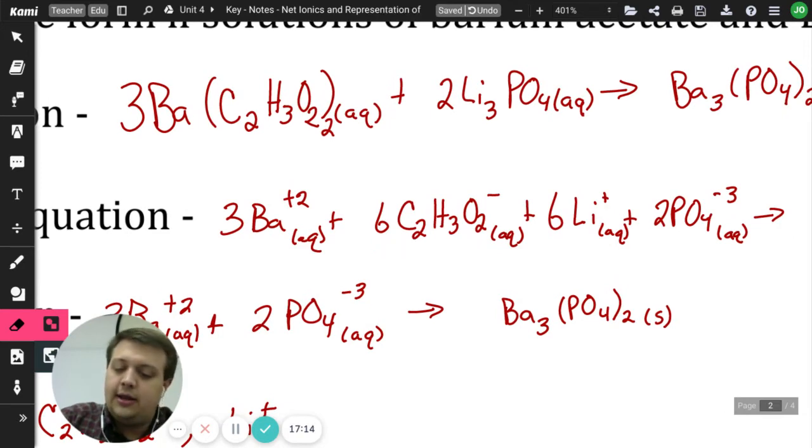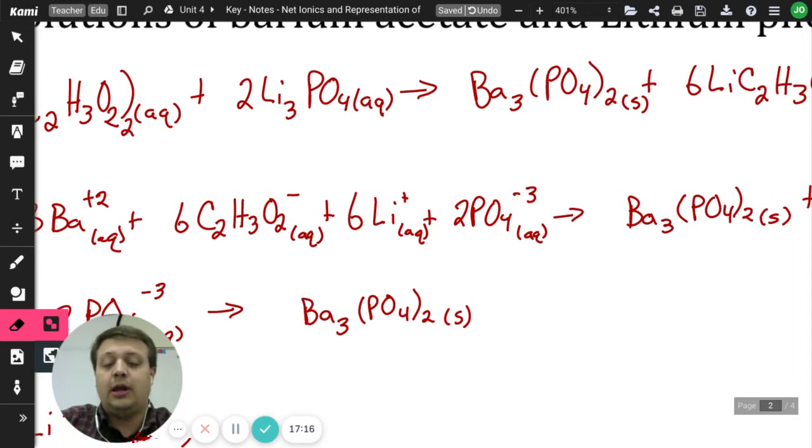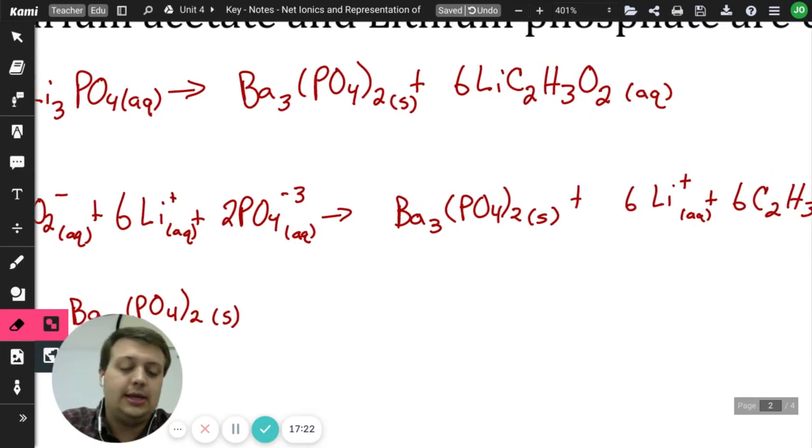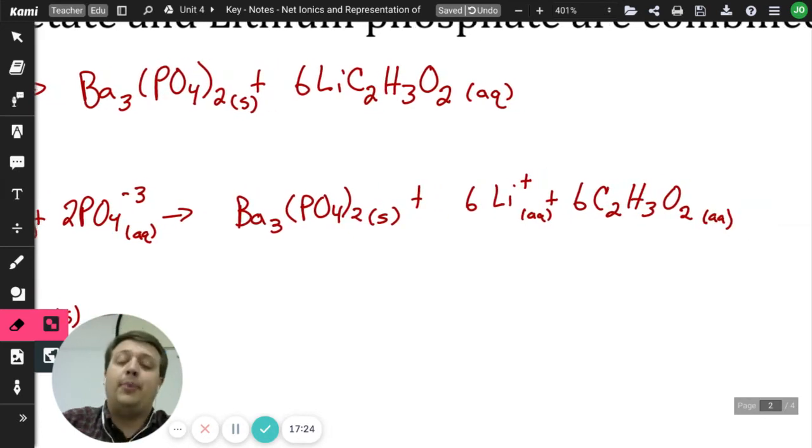I had 6 lithium ions. So now I'm on my lithium phosphate here. So I had 6 lithium ions and 2 phosphate ions. Keep moving on. My barium phosphate did not dissolve. It was not soluble, and so it stayed as a solid. Plus, my lithium acetate was soluble, so I separated it into its ions over here.